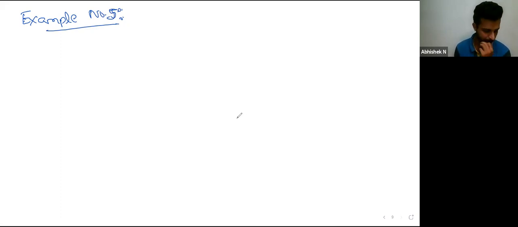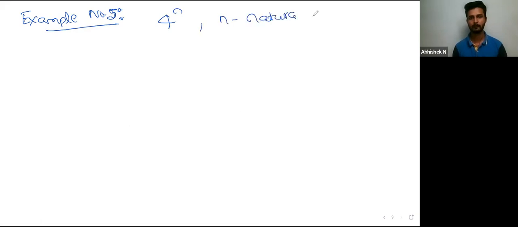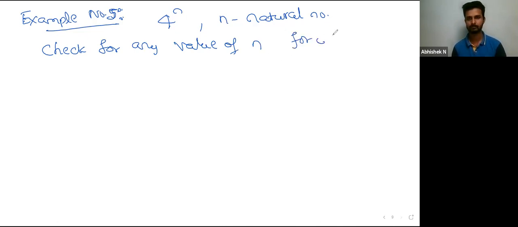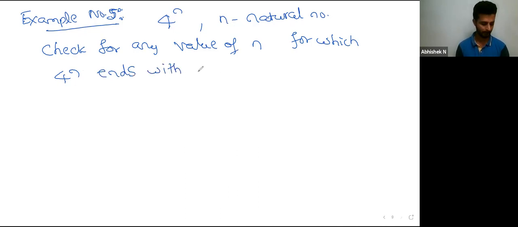Consider the numbers of the form 4^n, where n is a natural number, and check whether there is any value of n for which 4 to the power n ends with the digit 0.